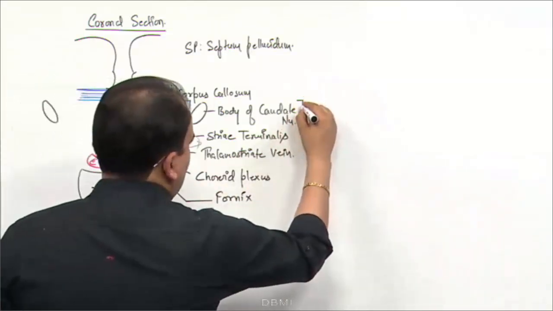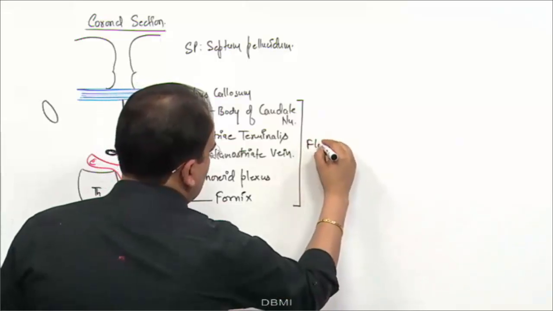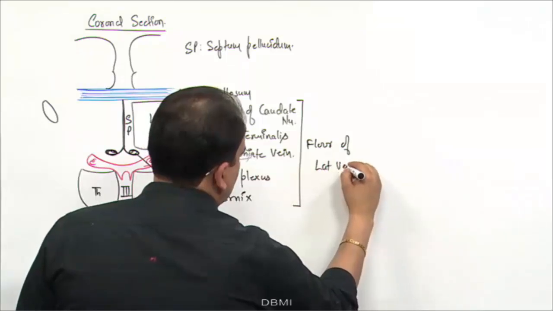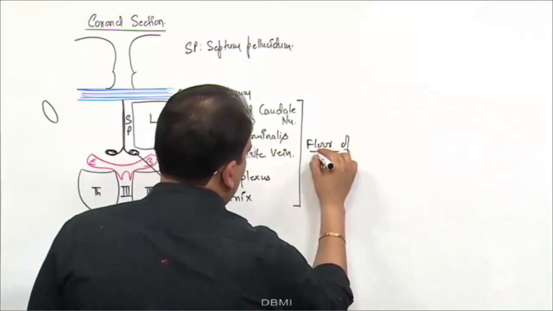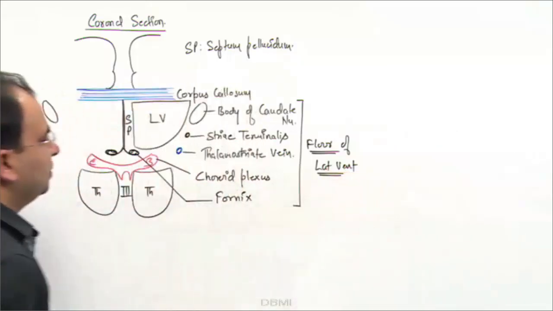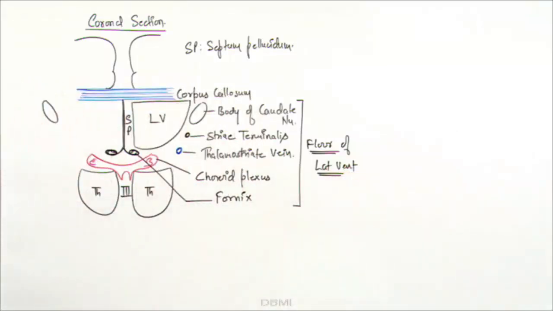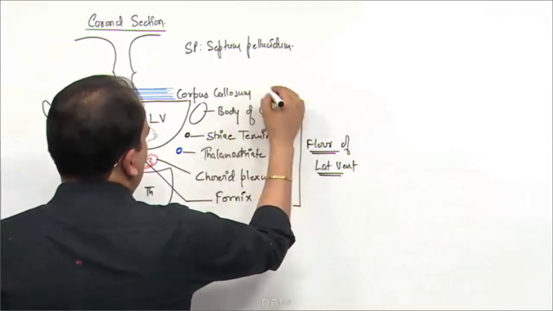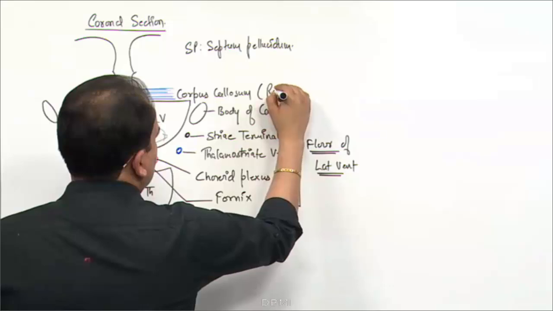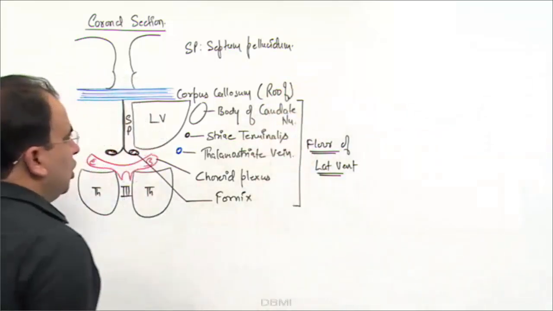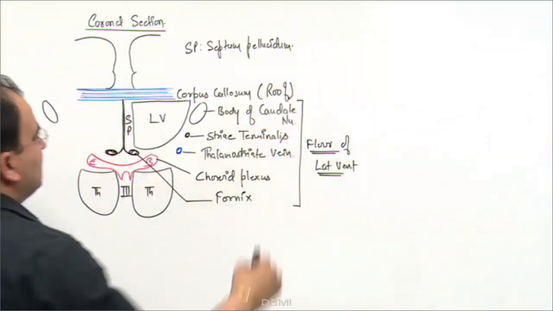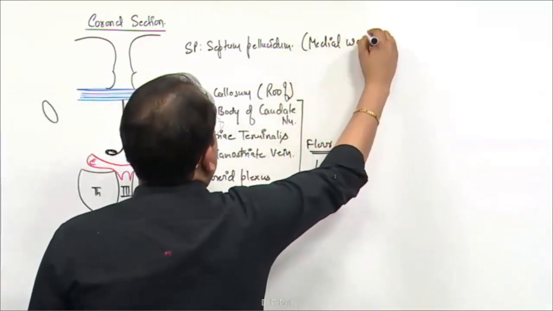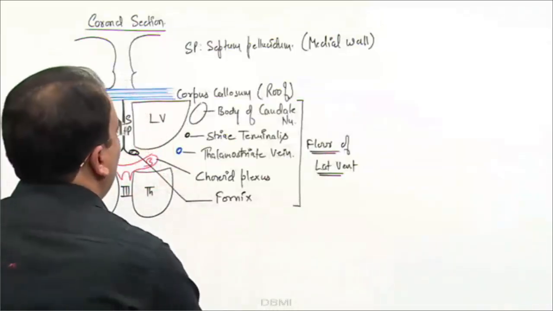All these structures are forming the floor of the lateral ventricle. Corpus callosum is forming the roof, and septum pellucidum, as you can see, is forming the medial wall. That is the boundaries of the body of the lateral ventricle.